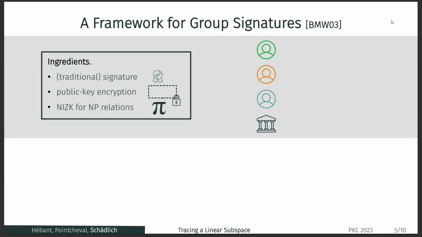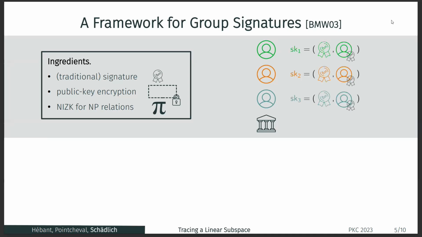As I just said, a group consists of a bunch of users and a central authority, the group manager. The secret keys of the users consist of a fresh key pair of the traditional signature and a certificate of their identity. This is essentially their identity signed by the key generator. In addition, we have the secret key for the group manager, which is a secret key of the public key encryption scheme.